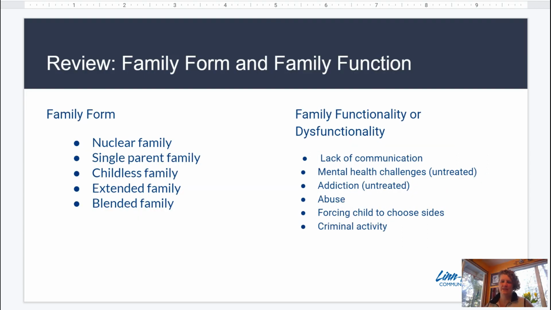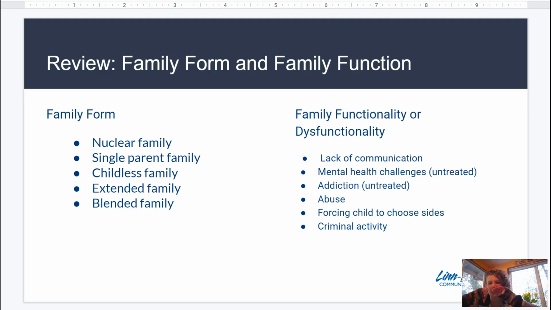Okay, so let's see. Just looking back, this is something we looked at very early in the term, around week 3. Remember, if you want to go back, you can find the slideshow. I think it was the 3rd or 4th slideshow we did on family form and family function. It tends to be very tempting to think of divorced families as broken and therefore not functional.